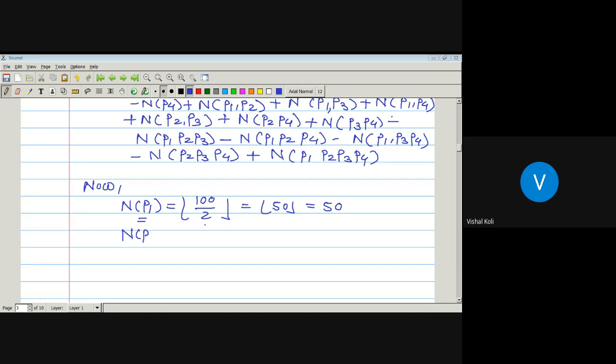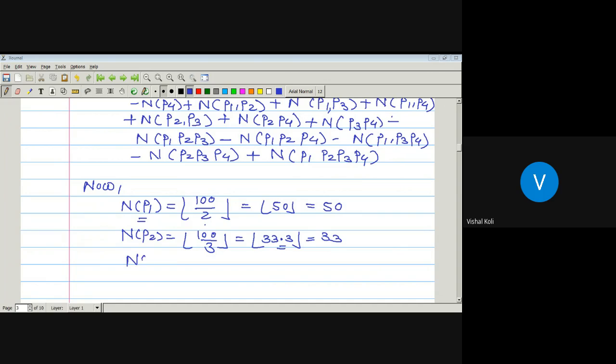Similarly, what is n of P2? It is 100 divided by 3, the integers which are divisible by 3 and are between 1 to 100. So it is the greatest integer value of 100 divided by 3, which is 33.3, and the greatest integer not greater than that is 33.